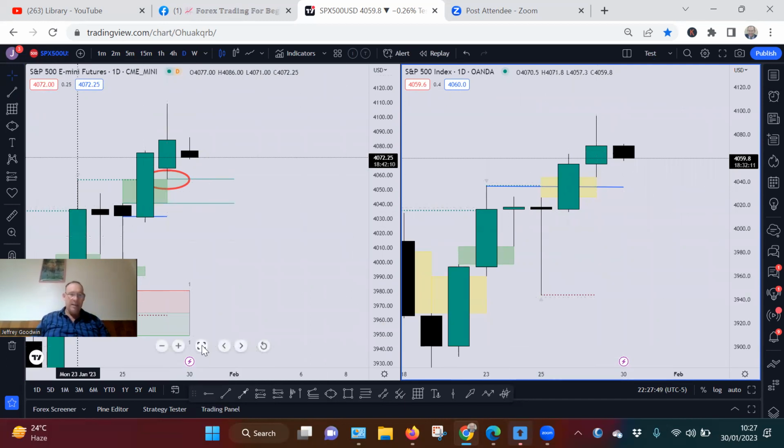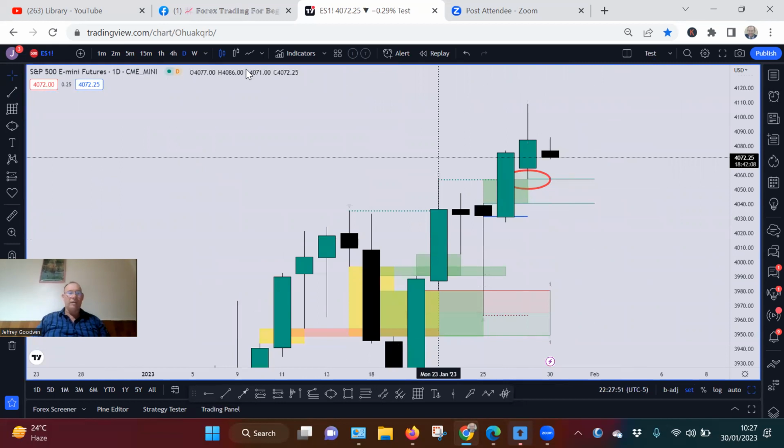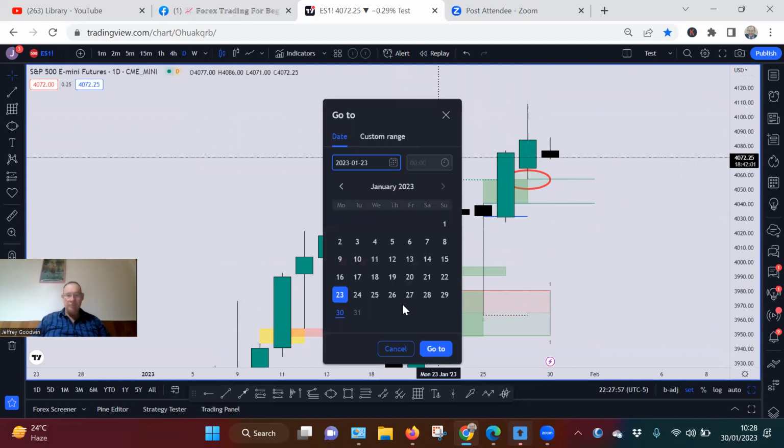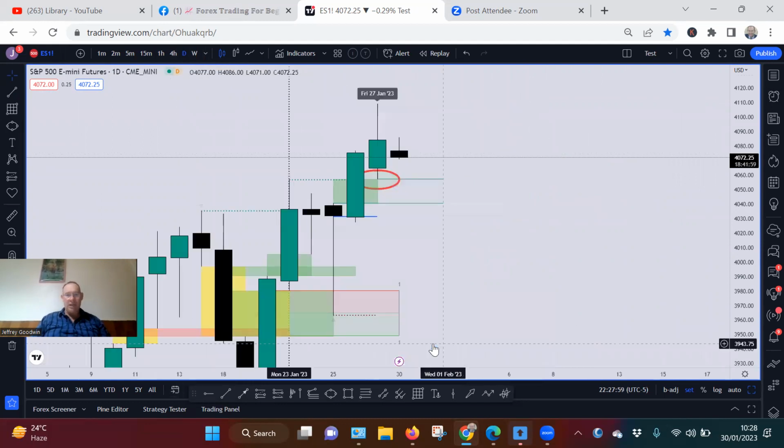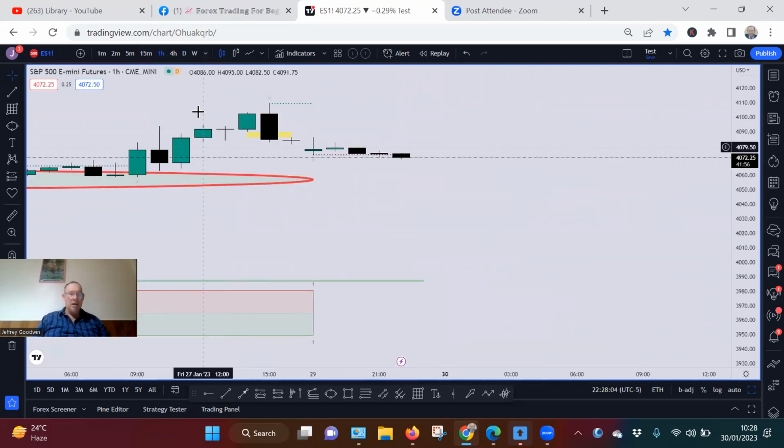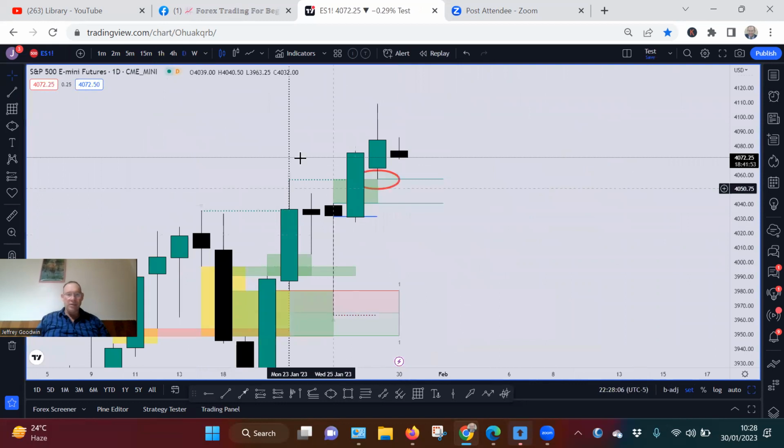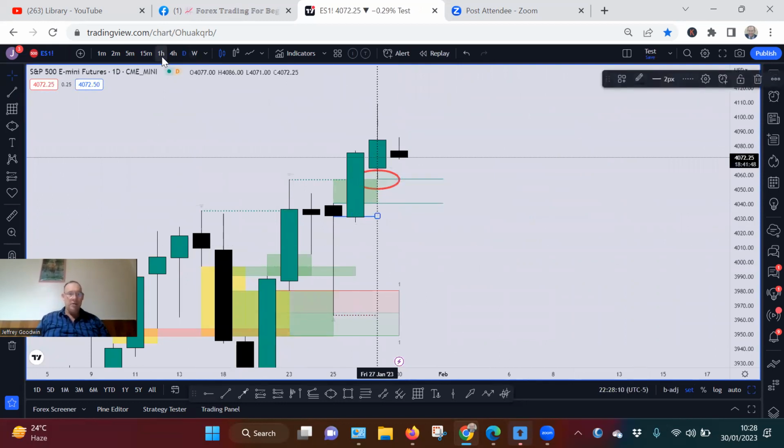Okay, so let's look at this here on the lower time frame. And that date there is the 27th. For the end of the week, ladies and gentlemen, tap down there, let's drop into the hour time frame. I'll go back to the daily, I apologize. I'll move this line here so we know exactly the day we're talking about.